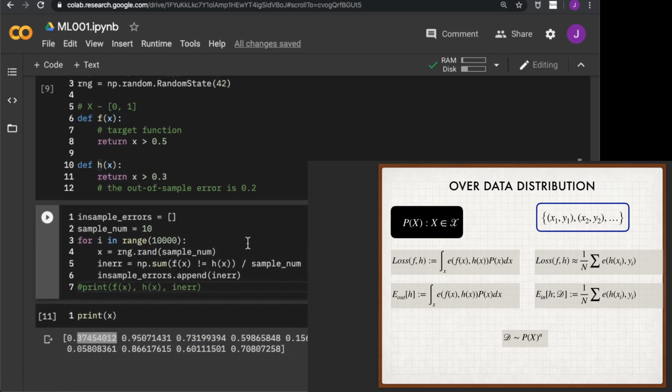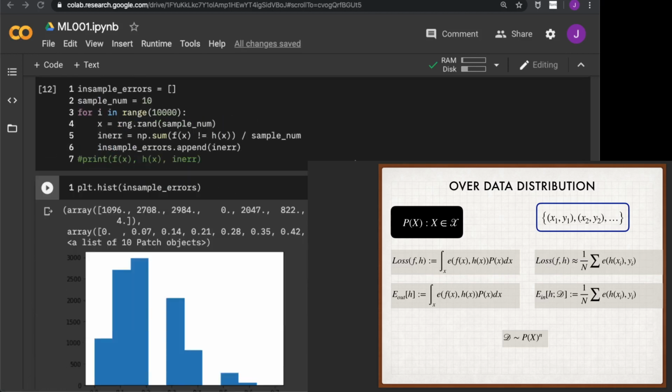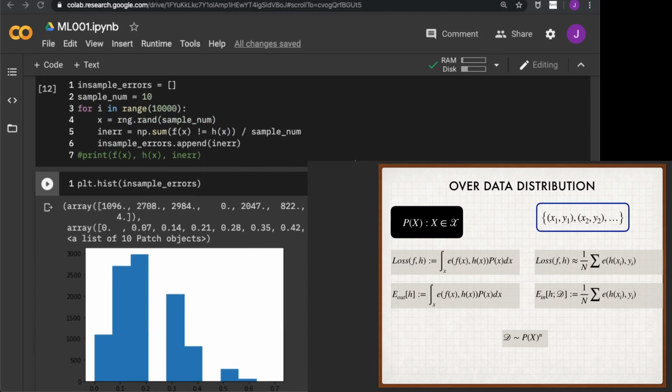So let's have a look at the distribution of the in-sample errors. We plot the histogram of in-sample errors. Here is what we get.